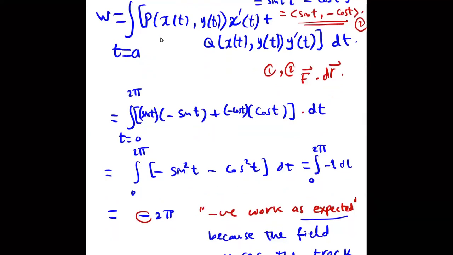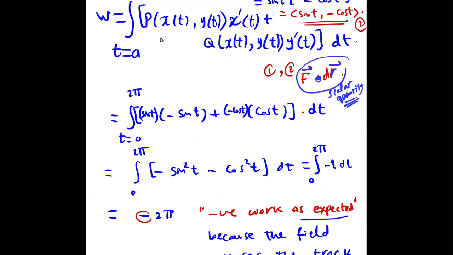Where are the vectors? The vectors are gone. No vectors anymore. These were the vectors. Here, these notations have the vectors on. When we perform this dot product, we get a scalar quantity, which in fact means the work by this force on this curve, to move a particle on this curve in this direction.